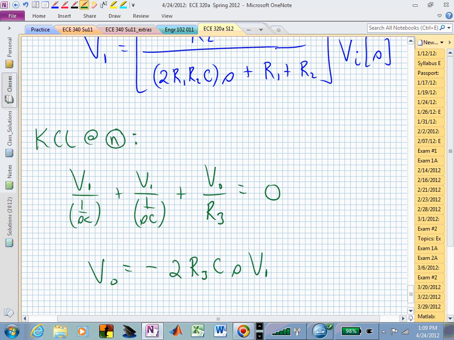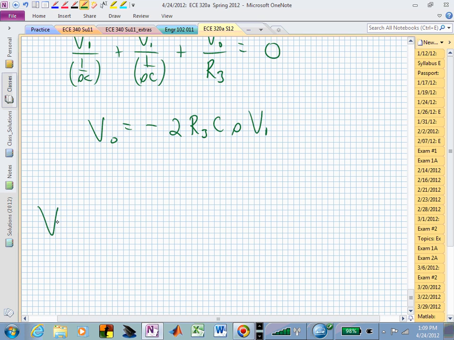We already know what VI to V1 gives us, and now we can concatenate these different relationships to actually find our transfer function that says V naught is now minus 2 R sub 3 CS. Oh, and there was something else up there too, wasn't there? Wasn't there an R2?